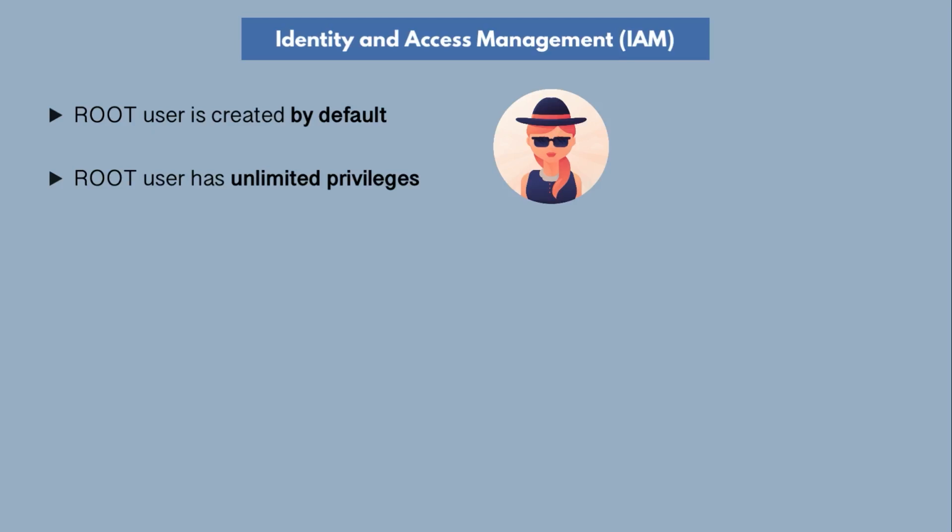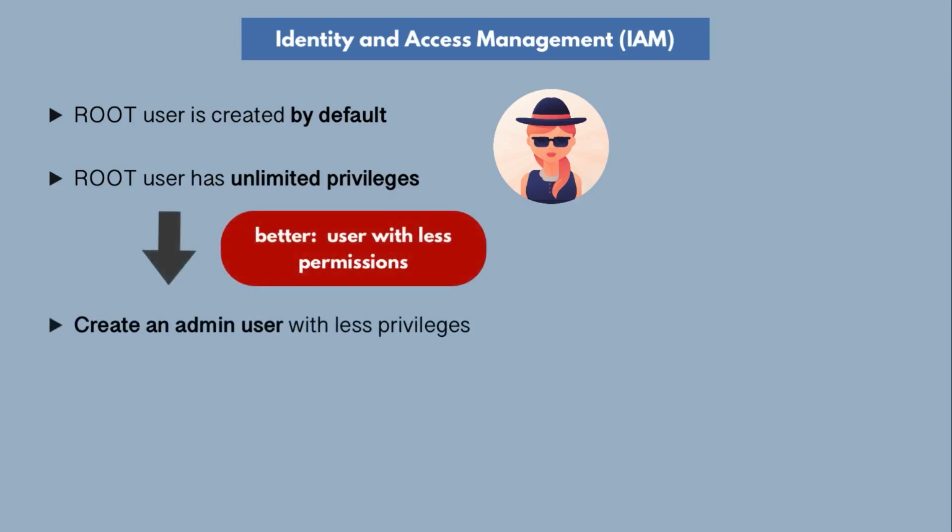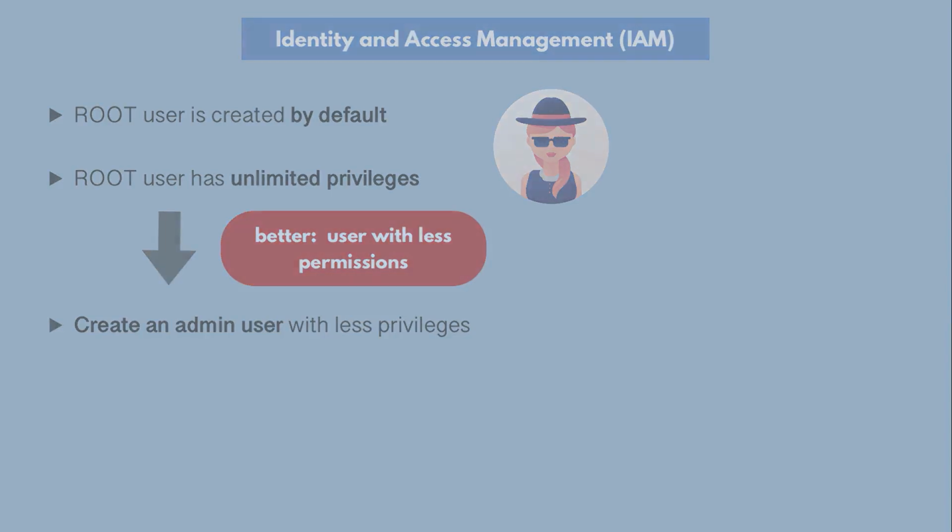So the first thing we want to do when the account is registered is create an admin user that has fewer privileges than the root user, but it will have all the privileges that we need to create an EC2 instance and deploy some applications on that. And this is the first thing that AWS also advises to do for security reasons.